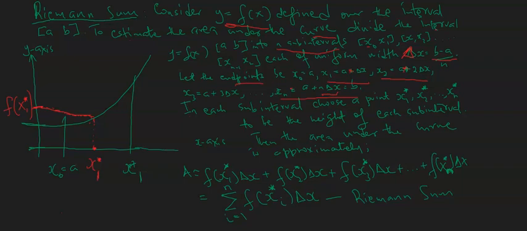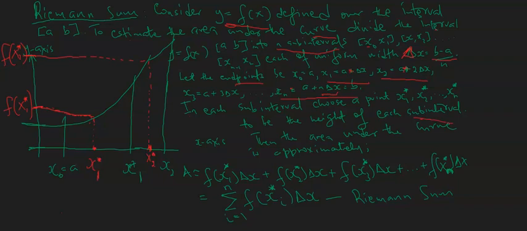If I extend a little bit, let's assume that this is our x2. The height, we shall take at point x star 2, and it will correspond to f of x star 2. This is the height, f of x star 2, to be the height of each subinterval or rectangle.